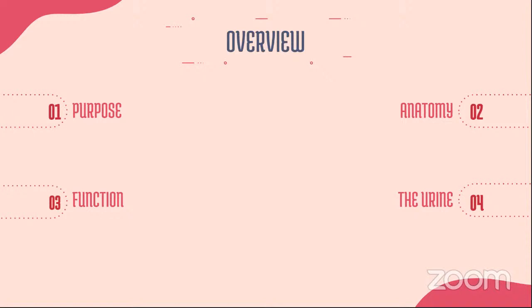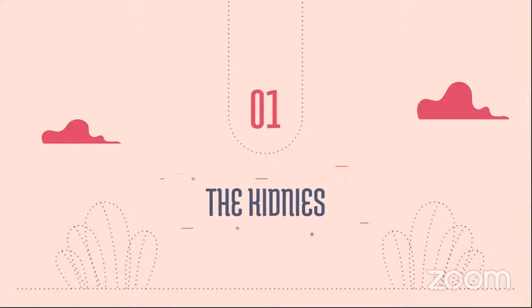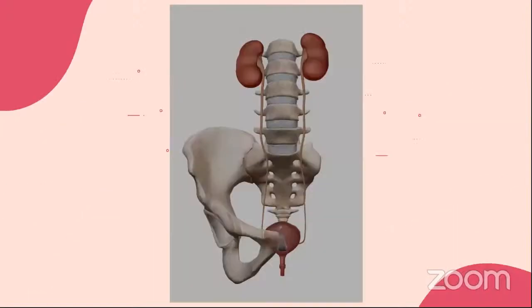Now, the structures of the urinary system. It is so simple. We have two kidneys, two ureters, one bladder, and one urethra. Nothing much, not so much of it. Two kidneys, two ureters, one bladder, and one urethra. The kidneys are located in the retroperitoneal space.